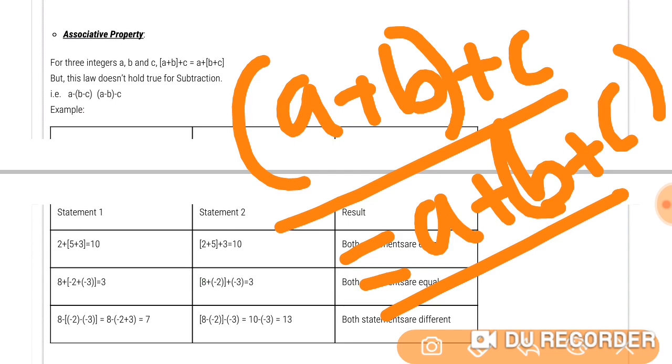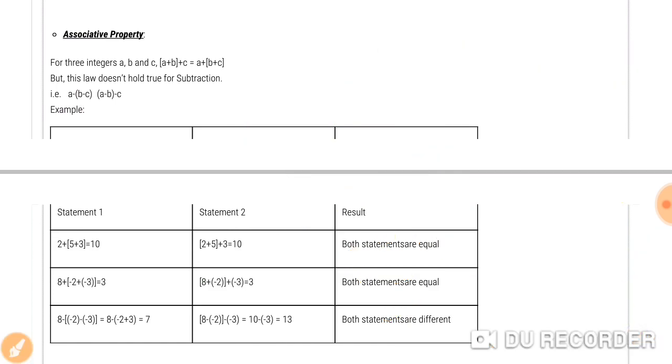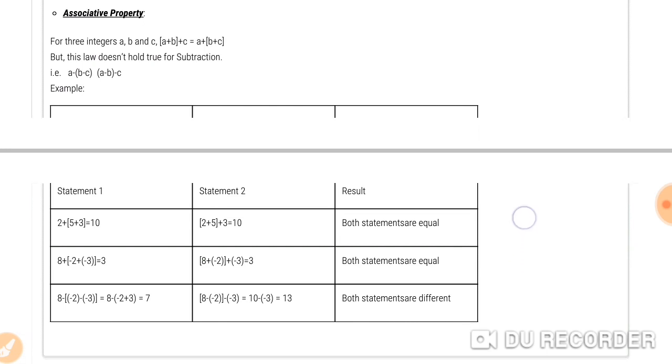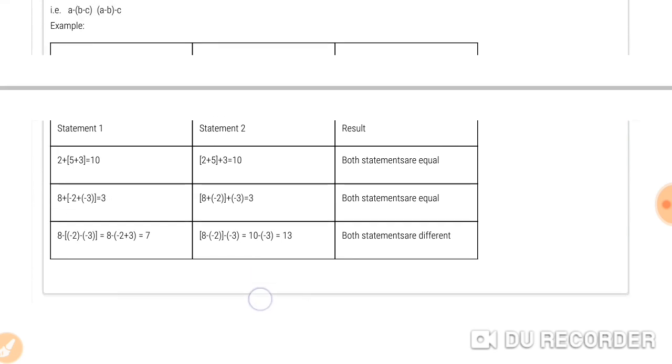Then it is associatively true on addition. In the same way, you can take subtraction, but it is not true for subtraction. See, the closure, commutative and associative properties are true only on addition, not true on subtraction. Be clear with this. You can refer to the example.